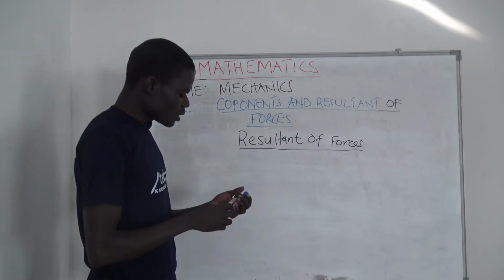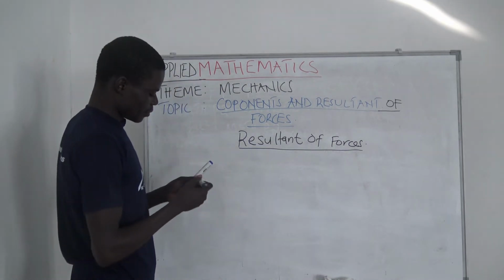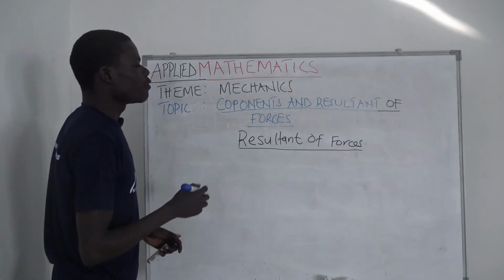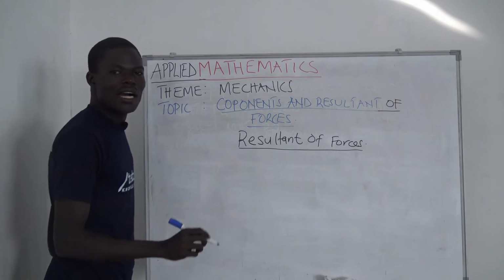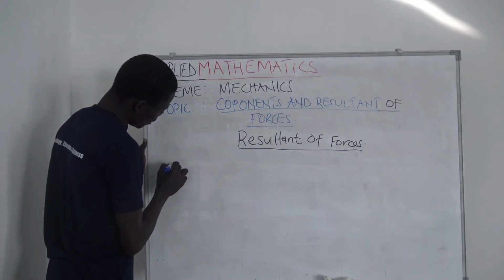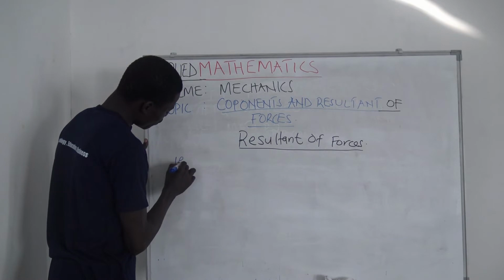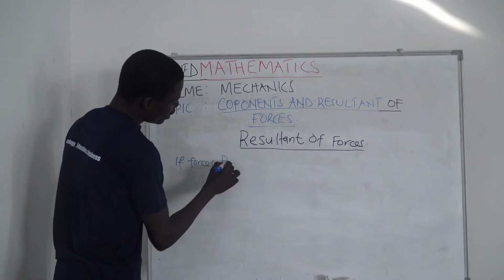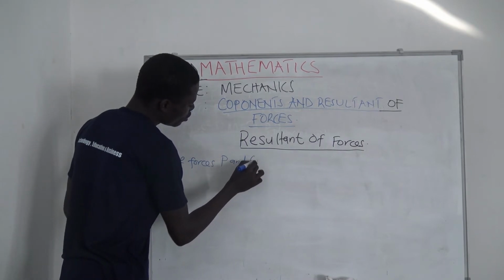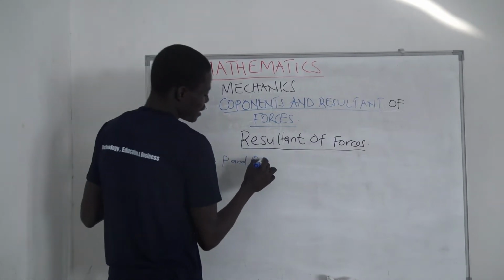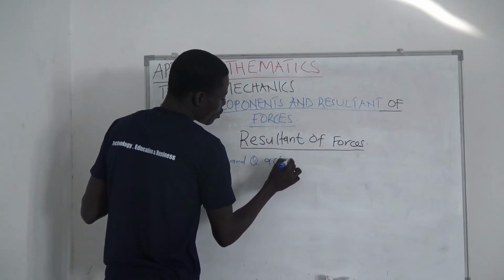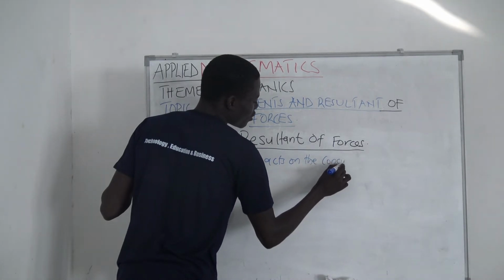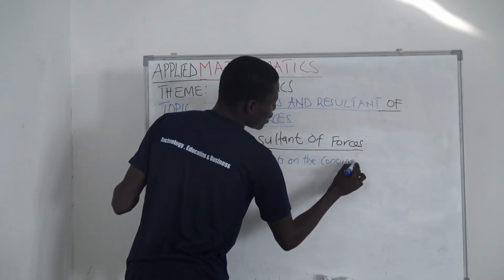The first thing which we have: suppose forces P and Q are concurrent. If forces P and Q act on the body concurrently.